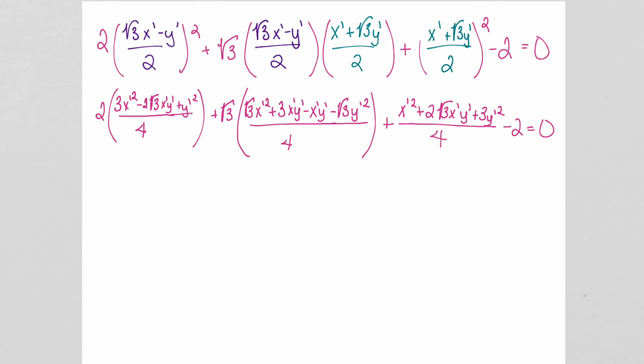Okay, next step is to get rid of the fraction. So, in order to do that, let's multiply everything by 4. And when we do that, it just gets rid of what's on the bottom. So we'll end up with 2 times what's on the top.